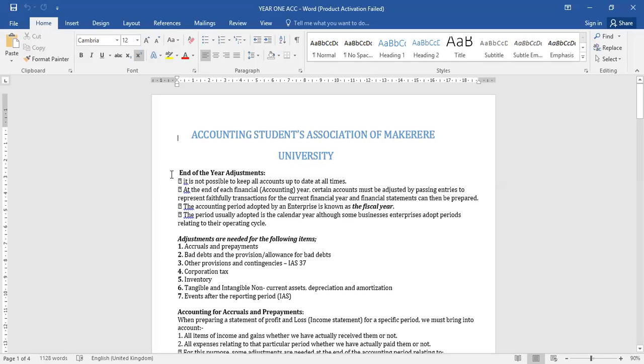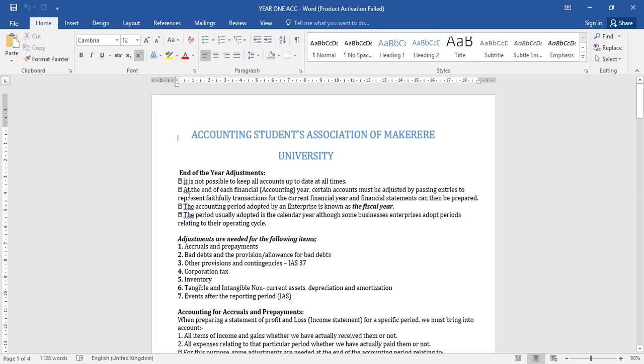In the screen I'm sharing, end of year adjustments. It is not possible to keep all accounts up to date at all times. It's true, because at any time there are some errors which could have arisen, like overcast errors and undercast errors.